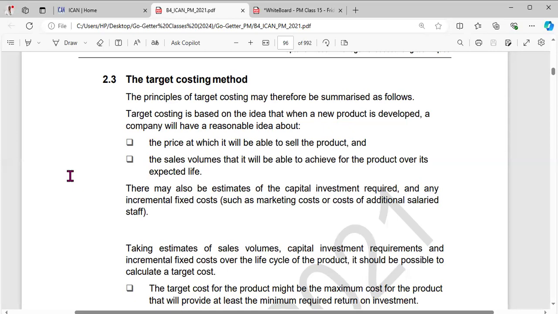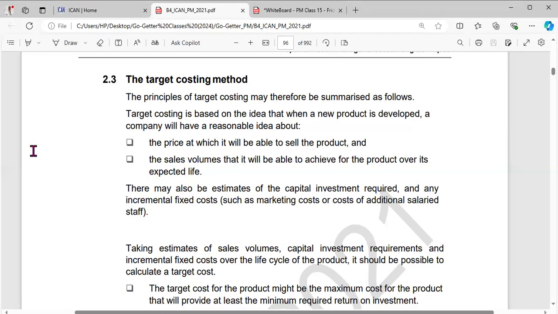All right, so let's look at target costing. Here, we design and define the product specification. You have to define the specification. And from there, you define the current achievable cost.